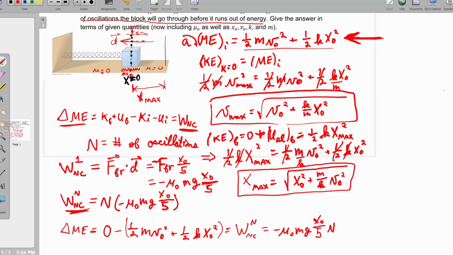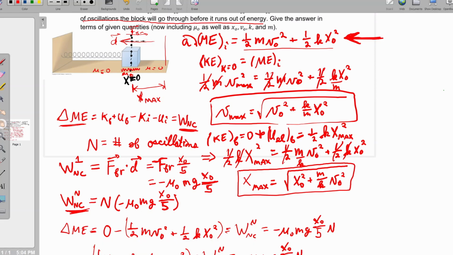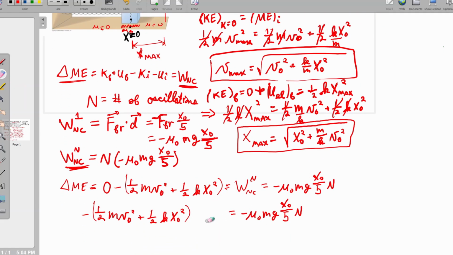And I can do some math on this. I will multiply by minus 1 on both sides to get rid of that, and then I can divide by μ0 mg x0 over 5, and that will give me n.